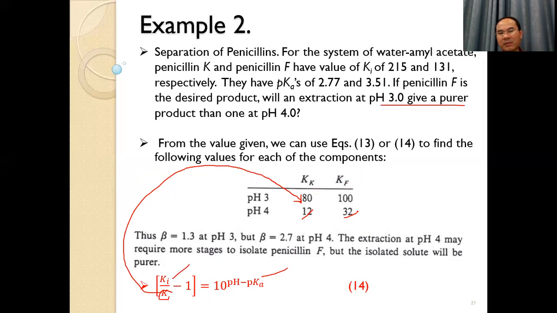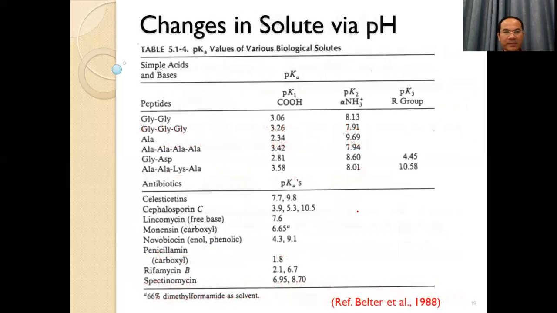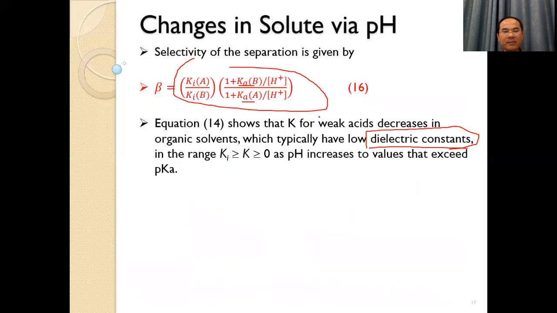And also, how we compare whether this can be separated better or not, you can compare by calculating the beta term. Maybe A is penicillin F, B is penicillin K. You know Ki of penicillin F, you know Ki of penicillin K. You know Ka and hydrogen ion. Hydrogen ion you calculate from pH. It is 10 to the power minus pH, something like this.